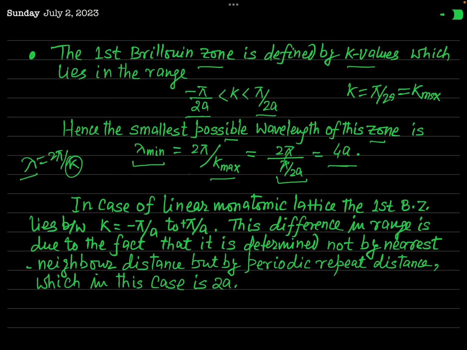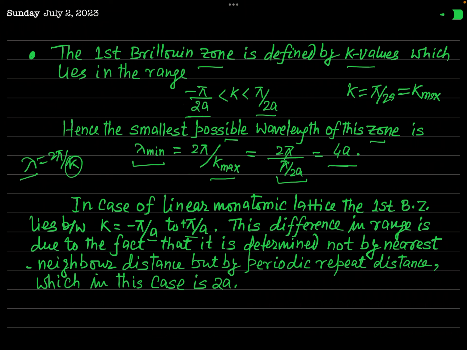Here one thing is very remarkable. When you studied in my previous video the vibration of monatomic linear lattice, you saw that the first Brillouin zone lies between minus pi over a to plus pi over a.